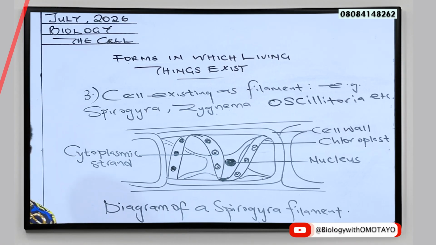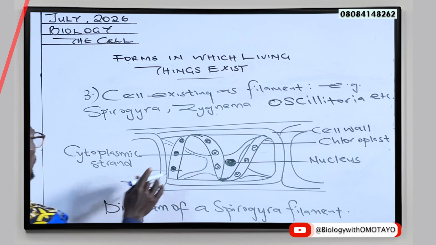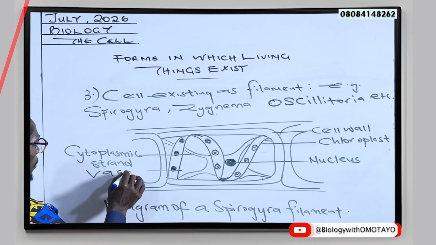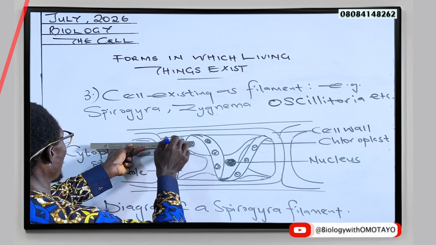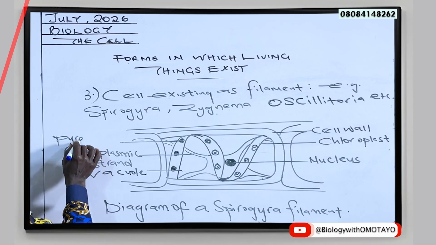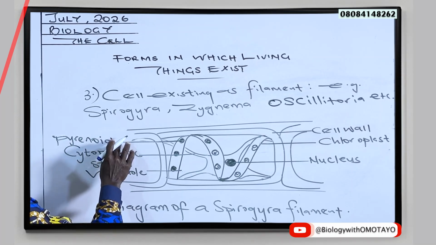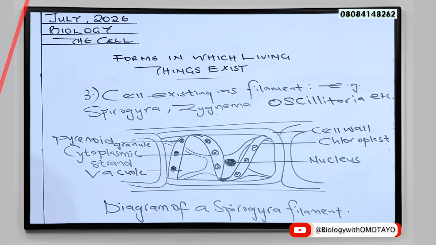We have our chloroplast, we have the nucleus that regulates all activities of the cell. Equally, we have vacuole. We have pyrenoid granules. We have the pyrenoid granule equally located there, a form in which carbohydrate is being stored.